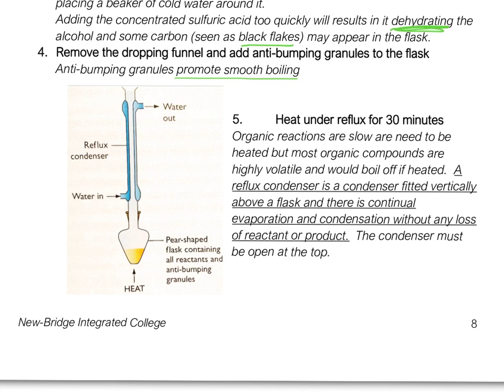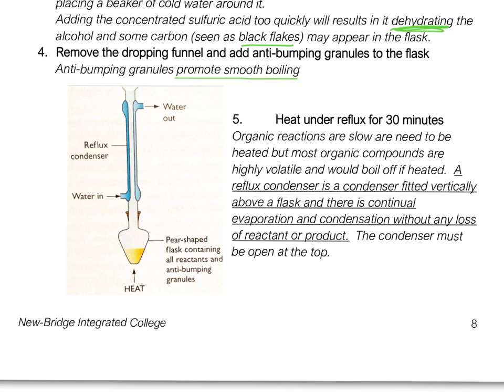Okay, and then step number 5 is to heat under reflux for 30 minutes. So heat is applied below the pear-shaped flask. And here in your notes, it just gives you the reason as to why we need to do this. As we discussed a little bit earlier, organic compounds are quite unreactive, and so we need to heat them to get them going.